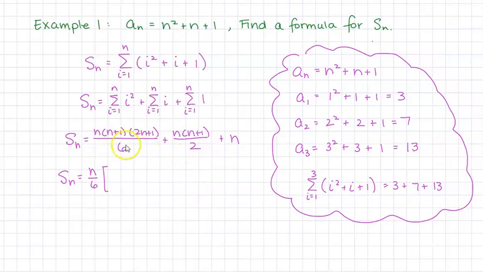So if I take n over 6 out of this first term, the n and the 6 are gone. So I have (n+1)(2n+1). For this one right here, let's think about this. Obviously, if the n is gone, then I'm just going to have n plus 1 in the numerator.